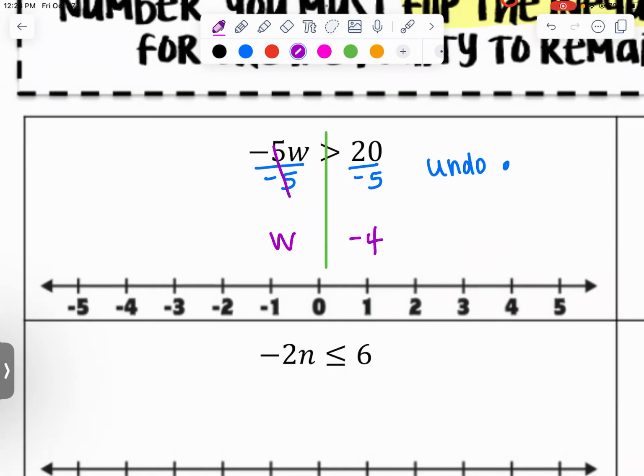But what happens if we divide by a negative number? Our inequality sign has to flip. So w is less than -4. If we divide by a negative number, our inequality has to flip. We're going to put an open circle at -4. Which direction do we need to go? We go to the left.